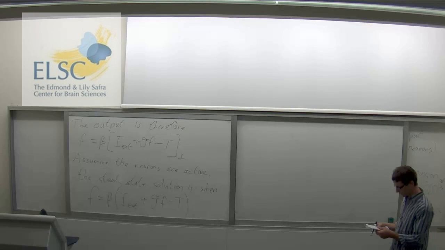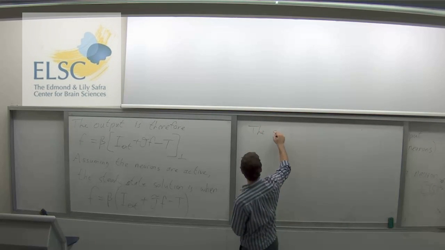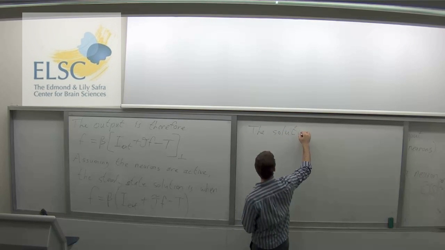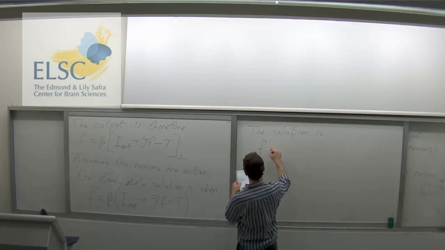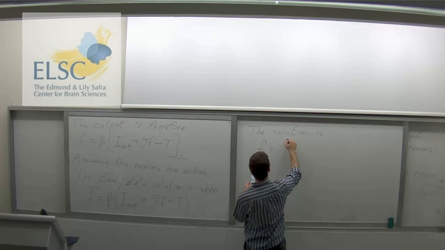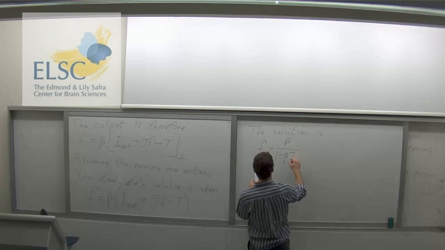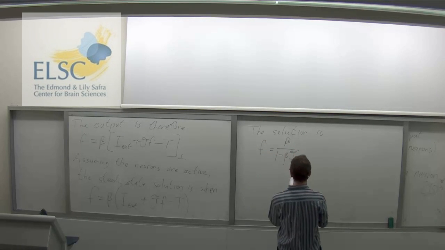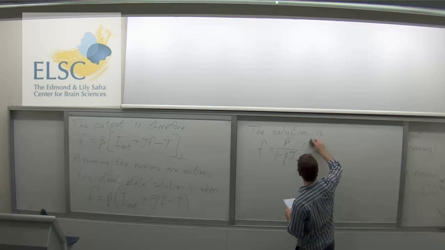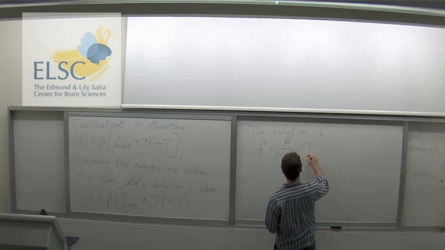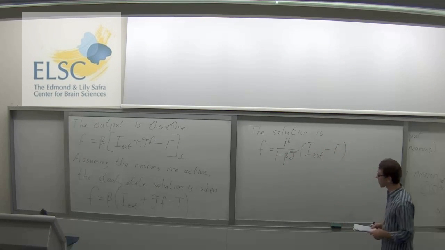Okay, so the solution is F equals beta over 1 minus beta J tilde, times I external minus T.